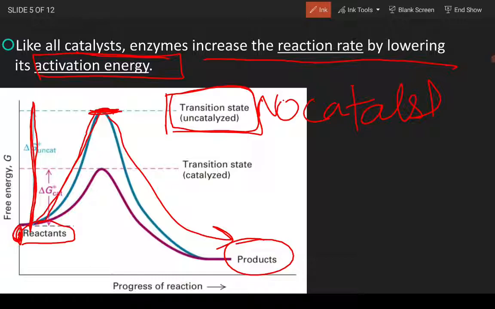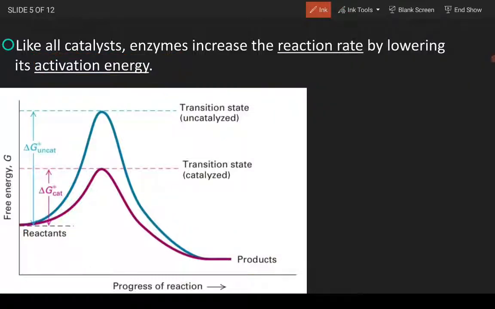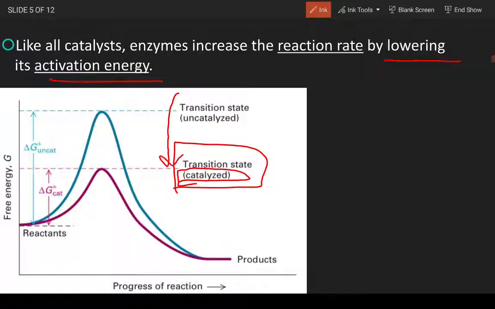What the catalyst actually does is reduce the transition state, or lower the activation energy. Here you can see that when a catalyst is present, the transition state is lowered from here to here.